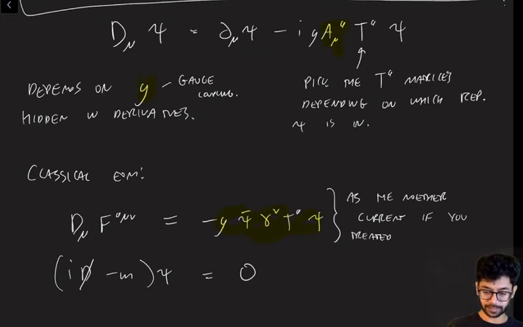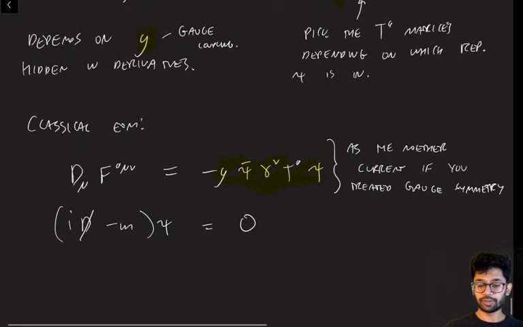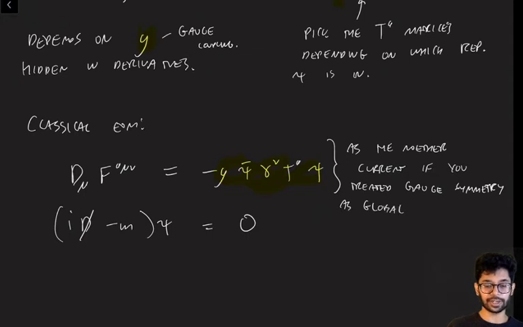A few lectures ago, I discussed how to construct the Noether current for a global symmetry. If you pretended this gauge symmetry was a global one and constructed the Noether current, you would get exactly this thing, which appears on the right-hand side of the gauge equations of motion. And that's a general principle. The source for the gauge equation of motion is always related to the Noether current of the symmetry that the fields transform under.